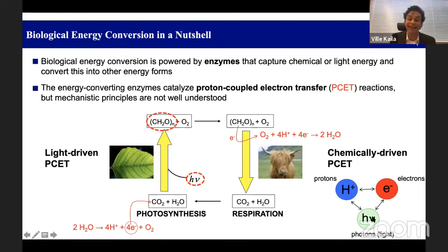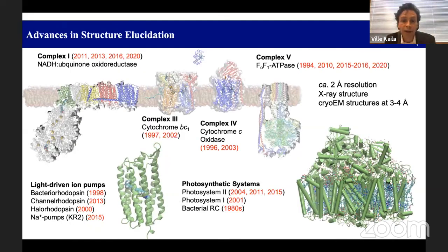So at the heart of energy conversion, you have a counterplay between these protons, electrons, and in light-activated processes, light energy. There's been a wonderful structural revolution in biology in recent years, and this has helped us understand the molecular machines, or provide blueprints for them. One very important development is the cryo-EM technique, which is today resolving almost standard structures at around 3 angstrom resolution, but even better.